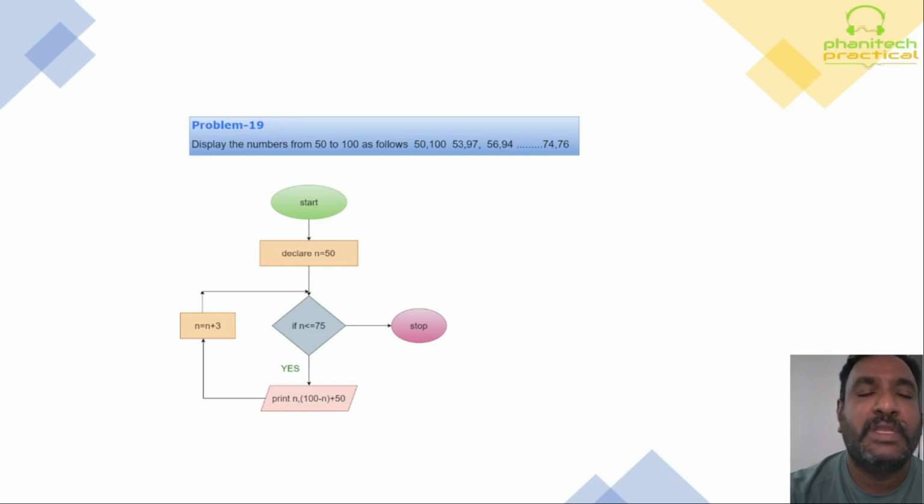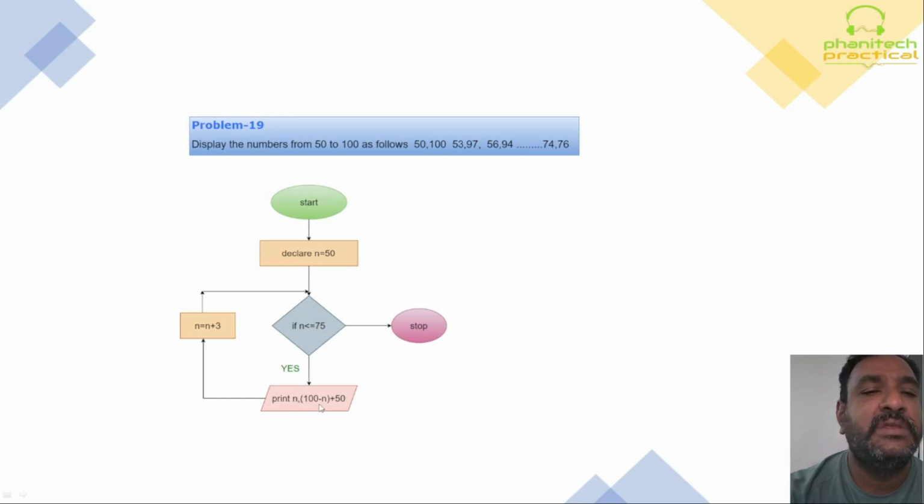And 65 plus 3 is 68. 68 less than or equal to 75. 68 is displayed. 100 minus 68 is 32. 32 plus 50 becomes 82. Now 68 plus 3 becomes 71. 71 less than or equal to 75. The condition is true. 71 is displayed.